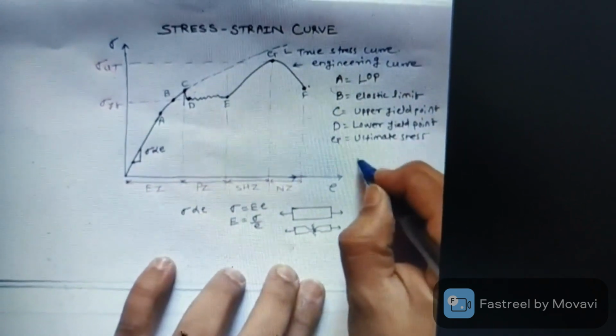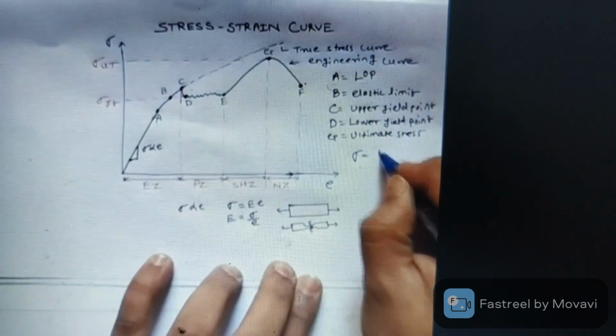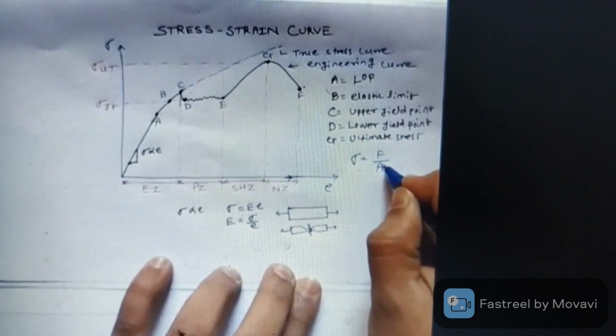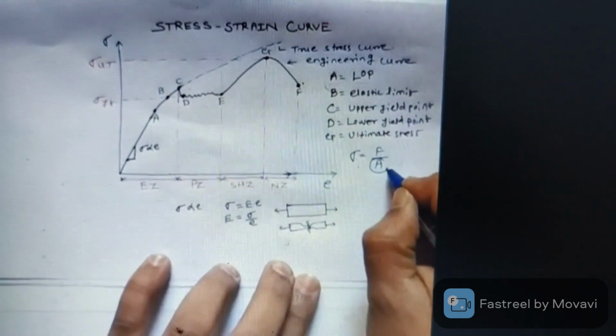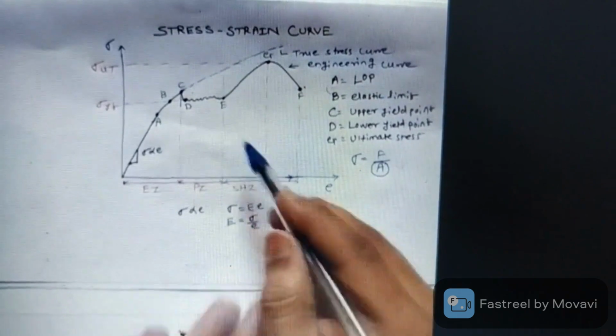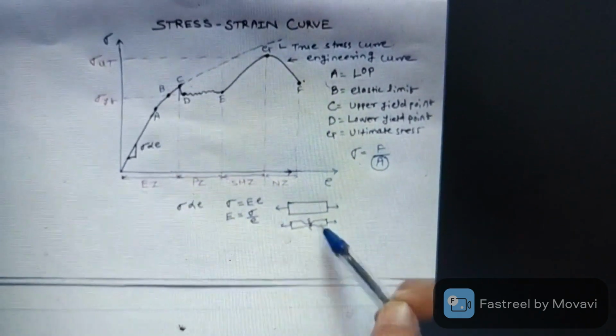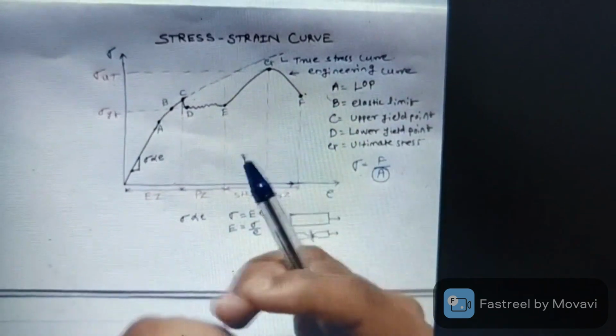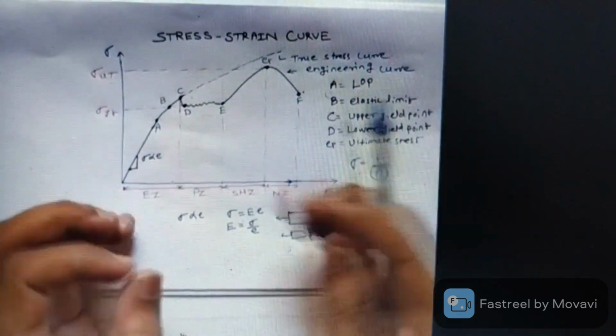When I say stress, it is force upon area. Now it is important to ask which area we are considering. Under loading, the cross-sectional area of the material is getting reduced as time passes.